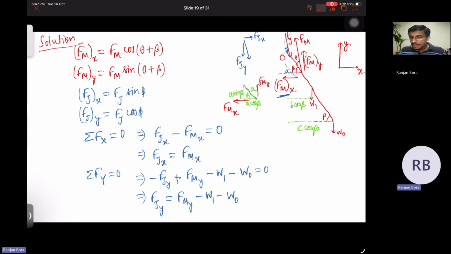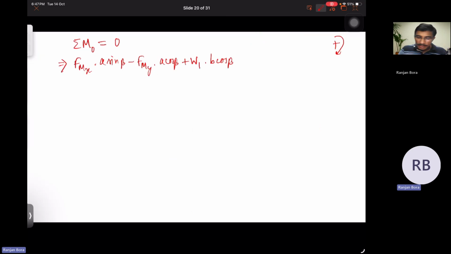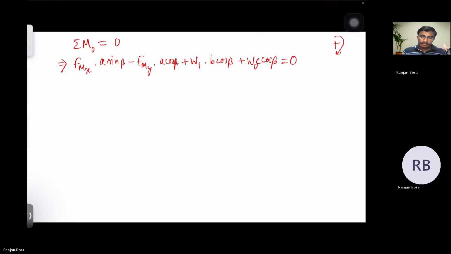And W naught is acting in the clockwise direction, C cos beta, equal to 0.